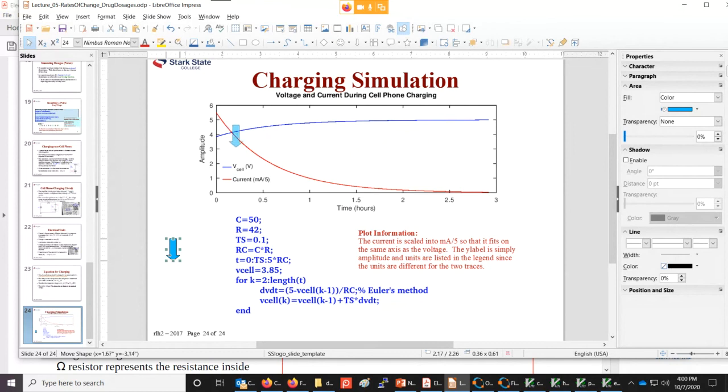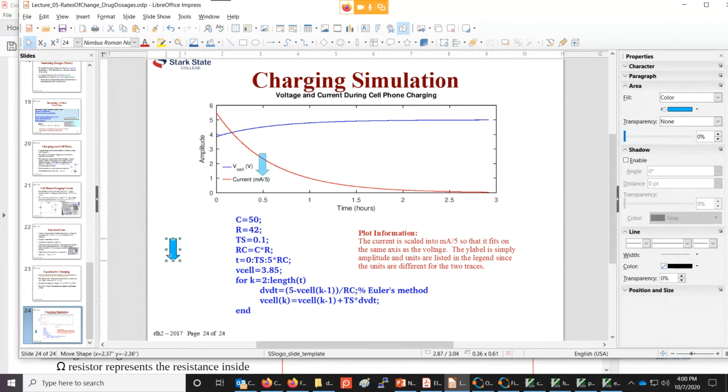Now when I plotted this, notice that I set my label here. I just called this generically the amplitude. And then I used the legend, and in the legend I actually put the units because I'm plotting voltage and current on the same graph. The blue is voltage, the red is current.